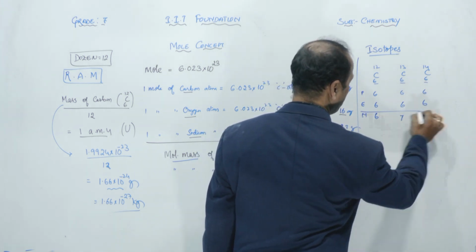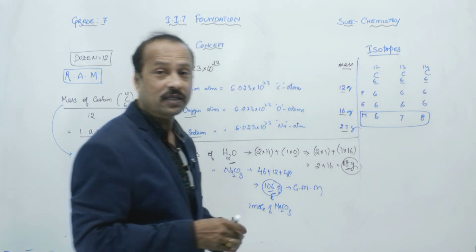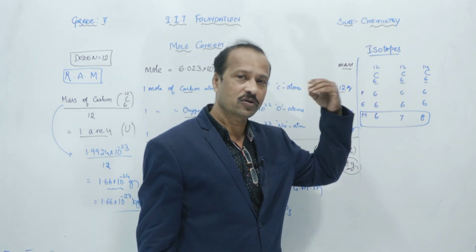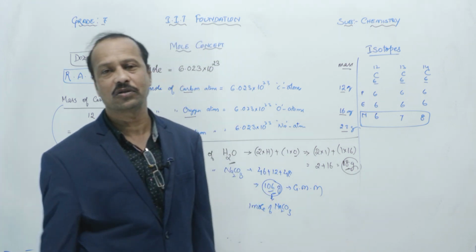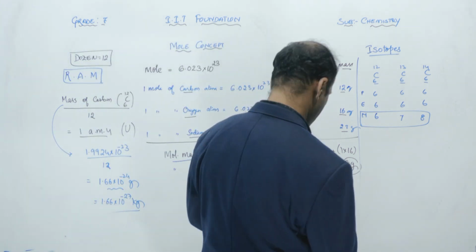So these are the number of neutrons. So isotopes means atoms of same element having same atomic number but different mass numbers. So same atomic number means protons, electrons remain same in isotopes, but neutrons will change. That's all. Clear?